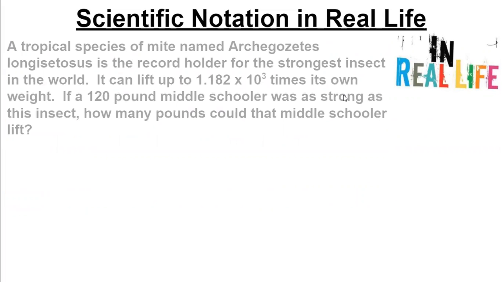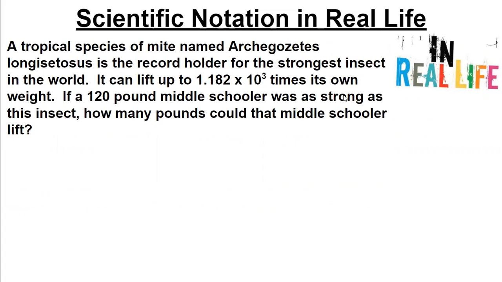In real life, a tropical species of mite named, and I don't know if I'm going to say this name correctly, if when you were in 7th grade, you might have thought of all those long names we had for animal species. Archicozetes logistosus. So that mite is the record holder for the strongest insect in the world.